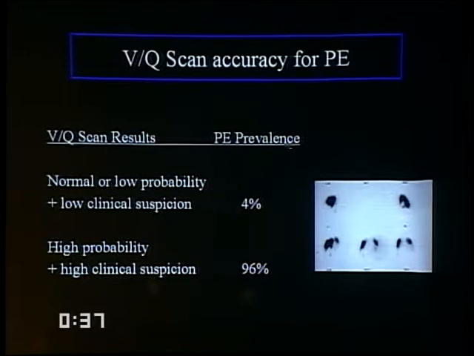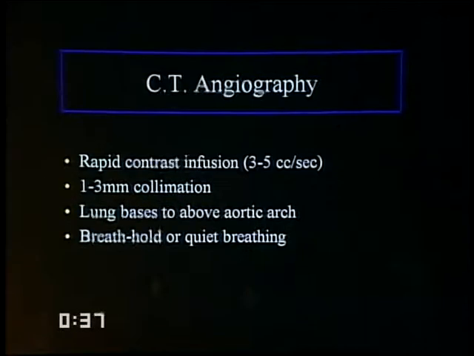So the prevalence of PE in that particular population will be 4% or less based on the PIOPED study. On the other hand, when you have a high probability and high clinical suspicion, a VQ scan can also apparently be quite accurate. The problem is that the majority of cases tend to fall between these two in terms of the findings on both the chest X-ray and the level of clinical suspicion. So an indeterminate result tends to be very likely from a VQ scan.